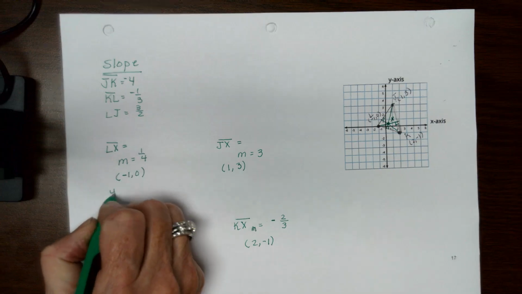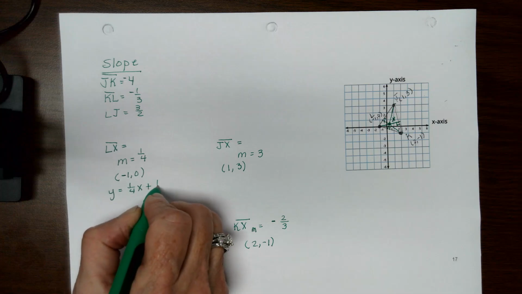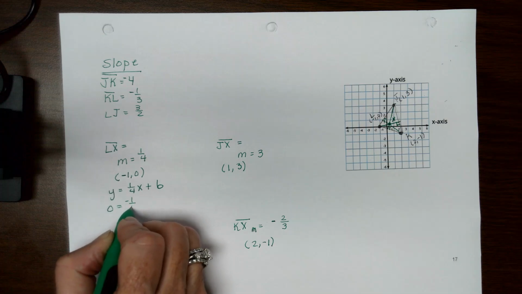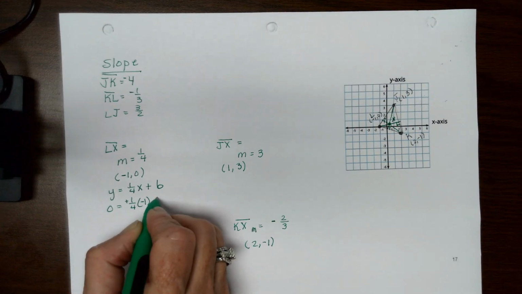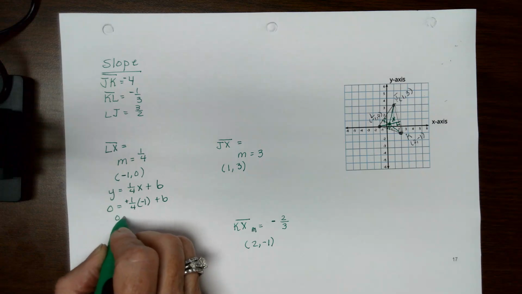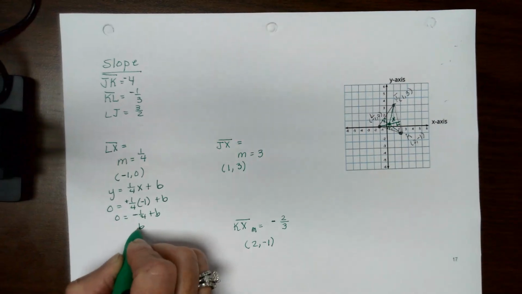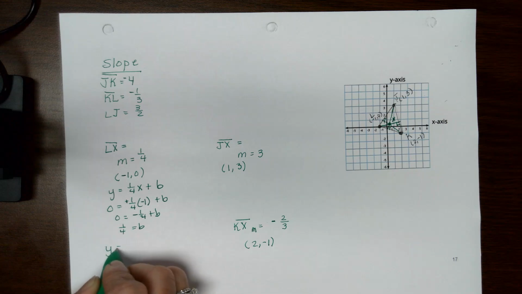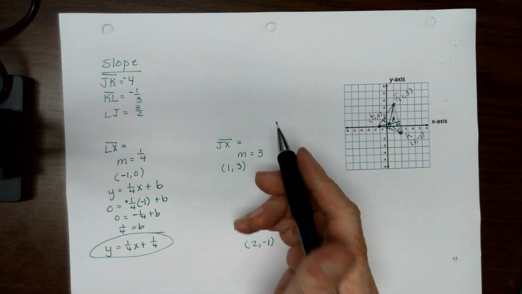So again, plug in the slope, then plug in the X and the Y. Oops, that's positive. So I get 0 is equal to -1/4 plus b, so b is equal to 1/4. So this equation is y is equal to 1/4 x plus 1/4. So that's one equation. I guess I should have done that in pencil.